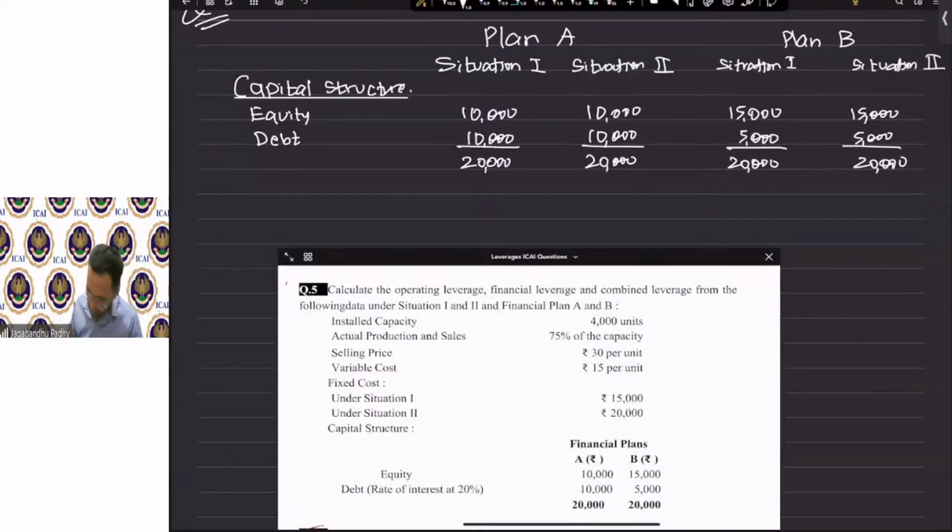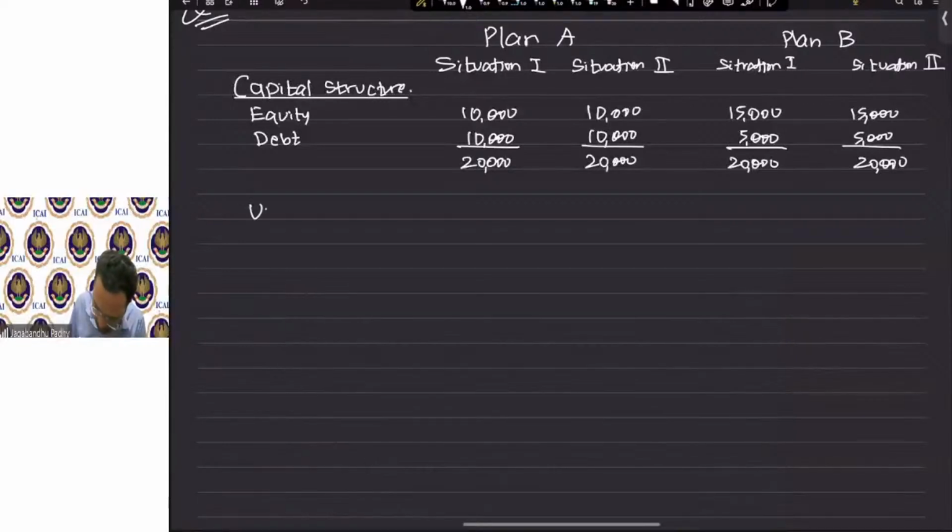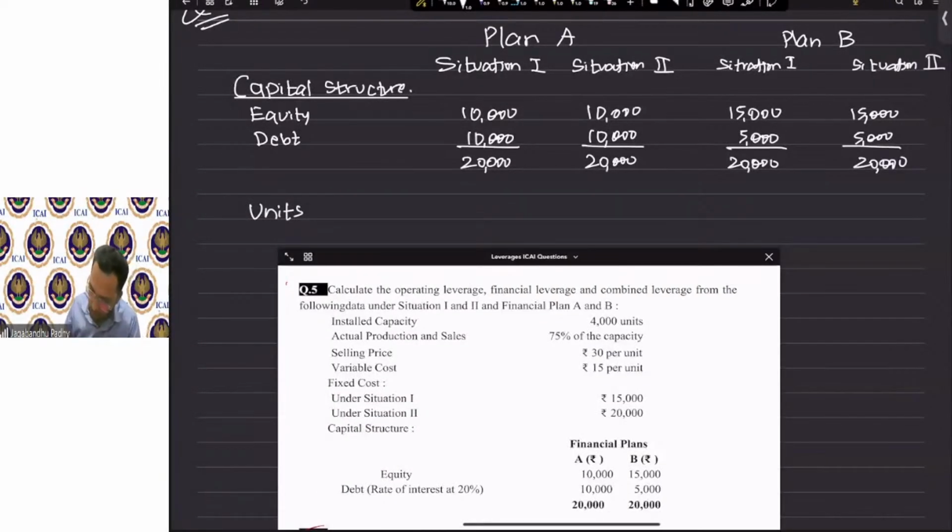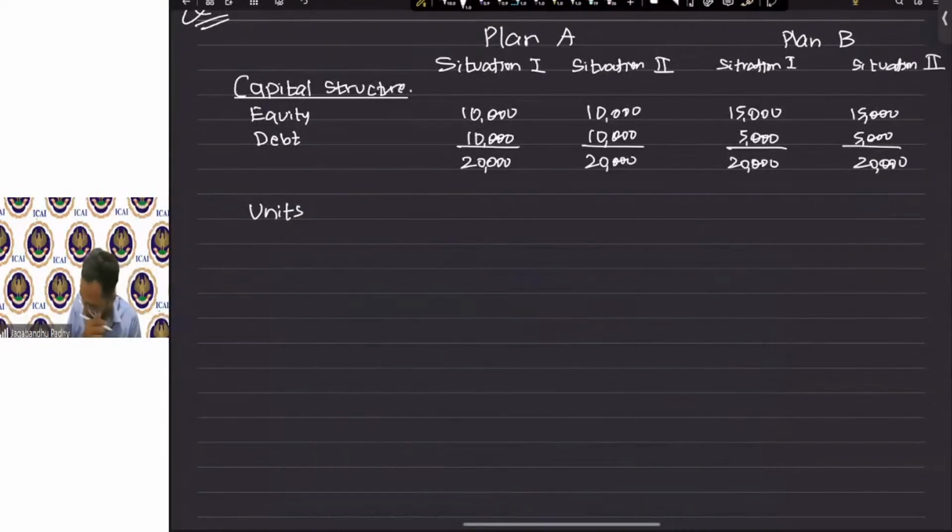So let's begin with the first part, which is units given to us. Units are 4,000 units multiplied by 75%. So that is 3,000 units.